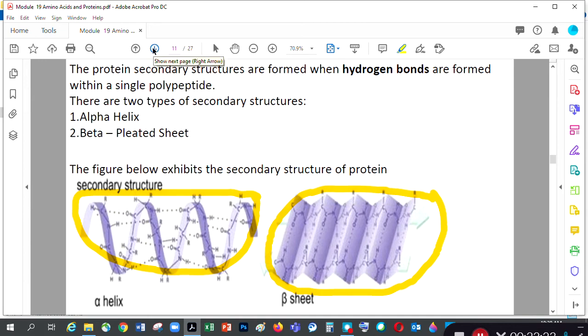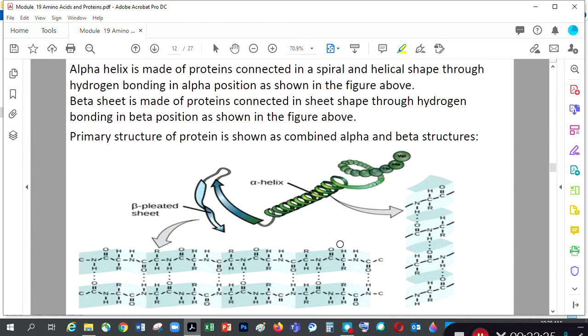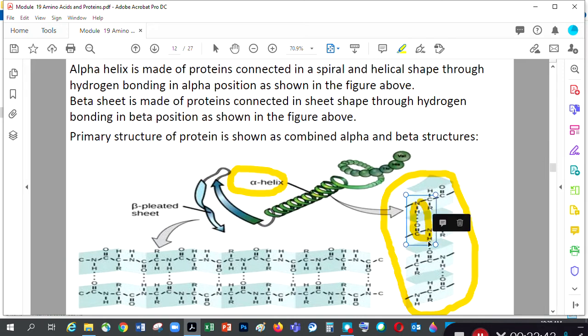And maybe if I look at this structure here you can see it much better. So this is the alpha helix, this spiral one, and the spiral is connected in alpha position through hydrogen bonds. See the hydrogen bond here, the hydrogen bond here, and there is another one here. Hydrogen bonds are keeping this spiral chain stable, and this chain is called alpha helix.